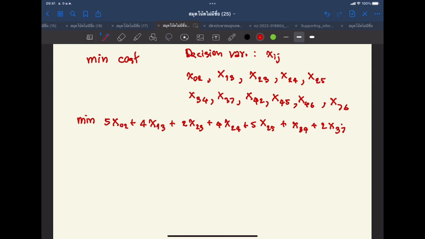Okay, now x4 we have 6 of x42 plus 6 of x45 plus 3 of x46.